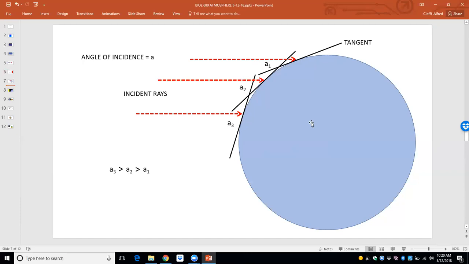If we extrapolate in both directions, let's extrapolate toward the pole itself. At the pole, a sun ray that just skims the pole would have what kind of an angle of incidence? It would approach 0. It would approach 0 what? What's the units of the angle? Degrees, right? Degrees. Okay, it would approach 0.